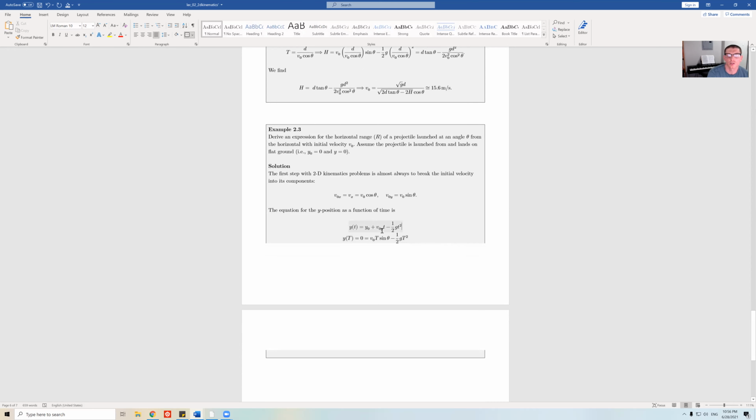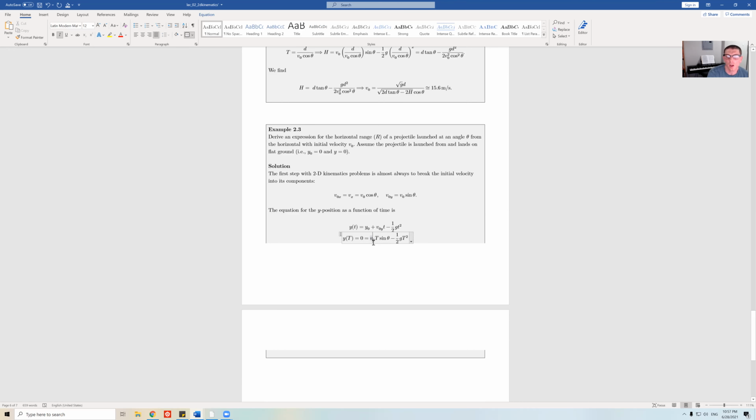Let's just stop for a second and think about what we know, because I think this can be tricky for students who are not used to working symbolically. So I want to go over this. We're given v initial in the problem statement. When it says it's launched at this angle with this velocity, that means we know these things.